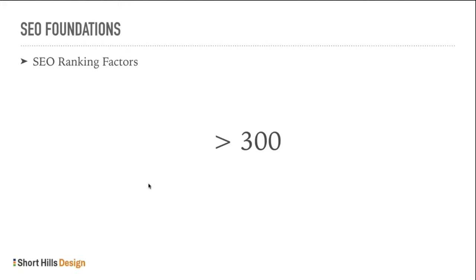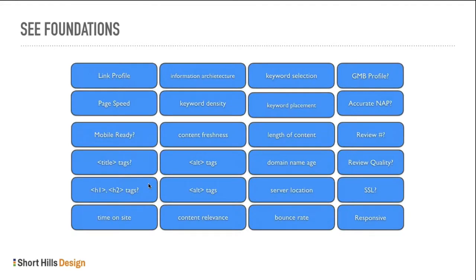Ranking factors. There are more than 300 factors that go into ranking a web page for a certain search term. Now, you can certainly split hairs. I'm sure some of you know there's domain authority, but I'm not going to get into that tonight. Happy to have that conversation in the Facebook group, but we're not really going to get into domain authority as much. But understand that there are 300 factors.